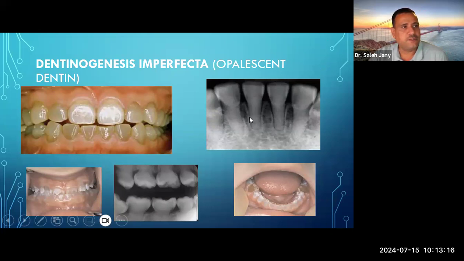The roots are very small, and because the dentin is abnormal, the enamel will be chipped away. Immediately you have exposed dentin and it becomes sensitive. So you have to do crowns on these. Sometimes you end up doing a complete denture, and the teeth are brittle because the enamel is easily chipped away due to the abnormal dentin.